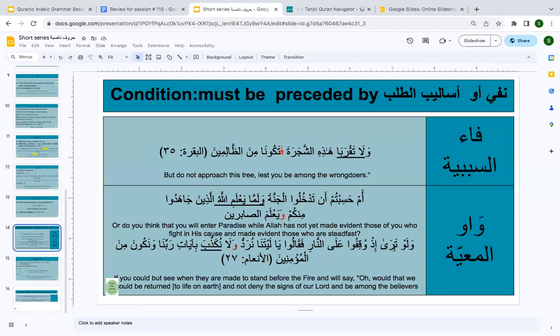Okay, in the next verse, now look at the next verse. Sister Anas, what could be the reason for nukadhdhiba to be mansub? Why is this mudare mansub?